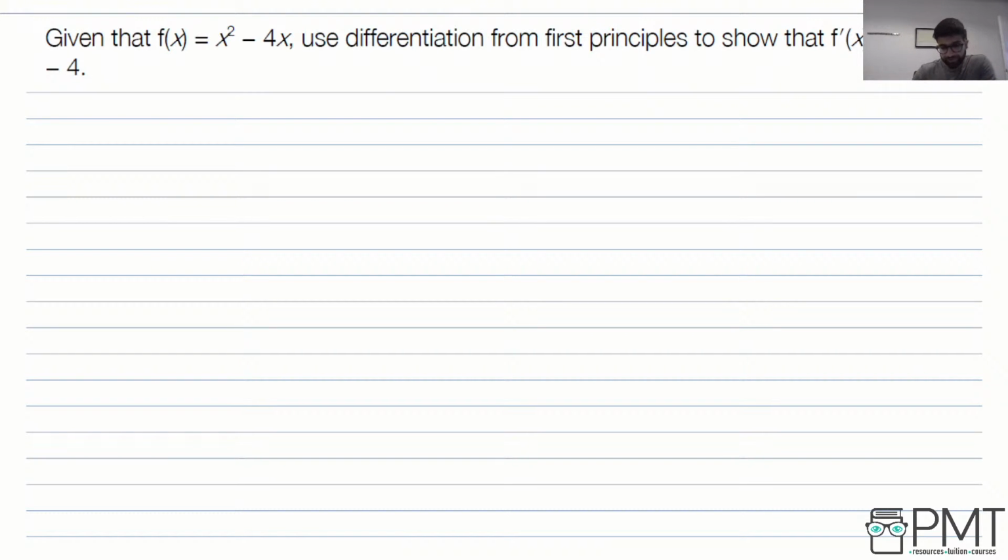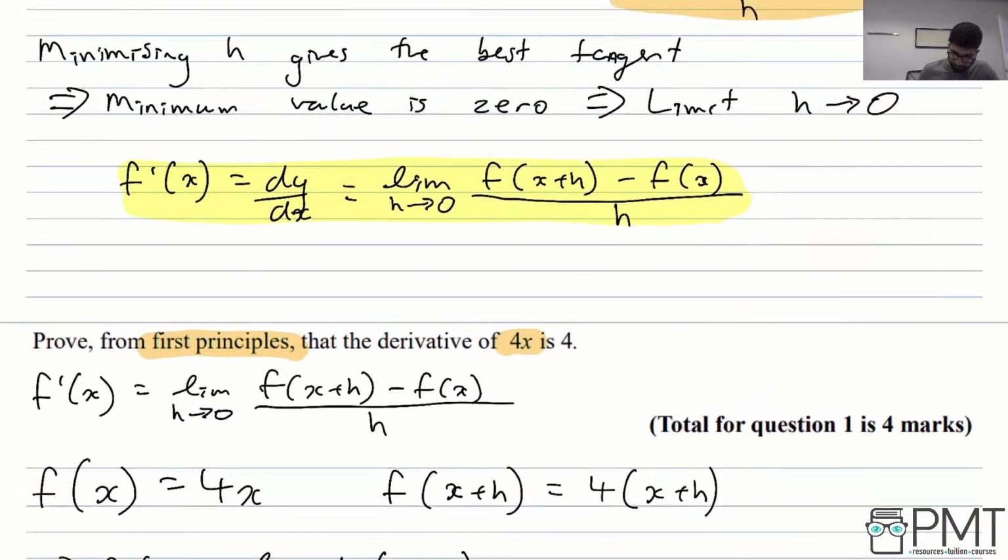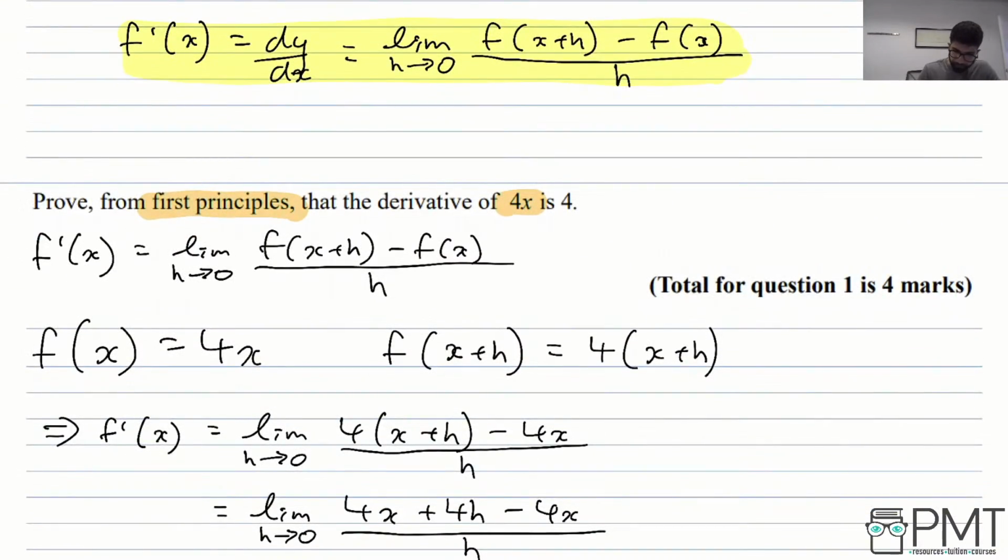So we are given f of x is x squared minus 4x. We want to do the same approach. And remember the formula, I'll write it down here, or I'll copy it from there.